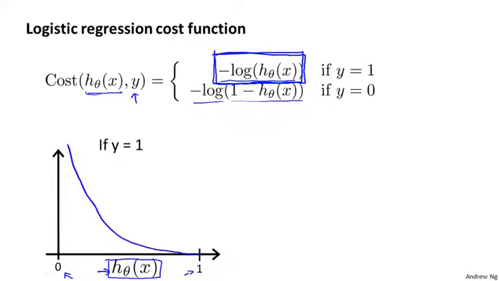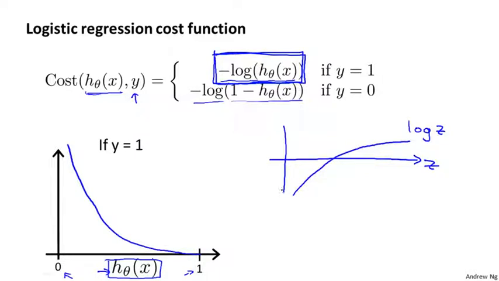One way to see why the plot looks like this is because if you were to plot log z with z on the horizontal axis, then that looks like that, and it sort of approaches minus infinity, right? So this is what the log function looks like. And this is 0, this is 1. Here, z is, of course, playing the role of h of x.